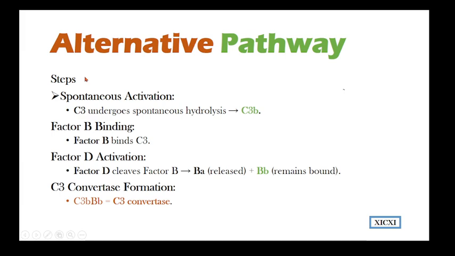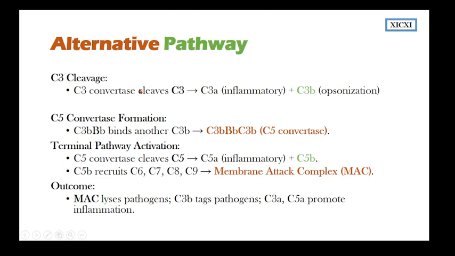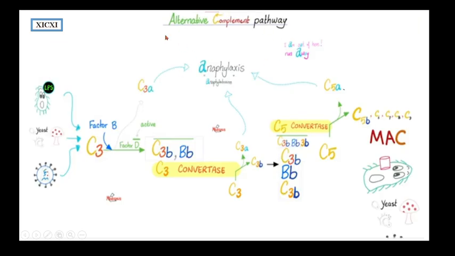C4, complement 4, is the first protein to be activated in the lectin pathway. So here in the alternative pathway, we will look at the steps after finishing the explanation on the diagram.